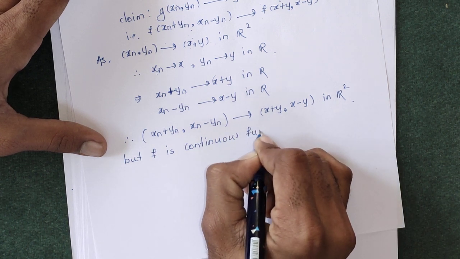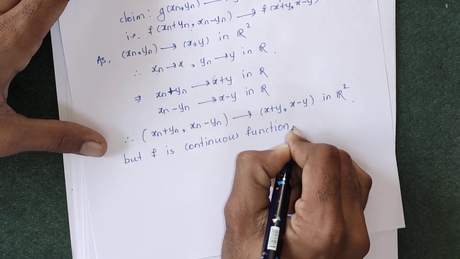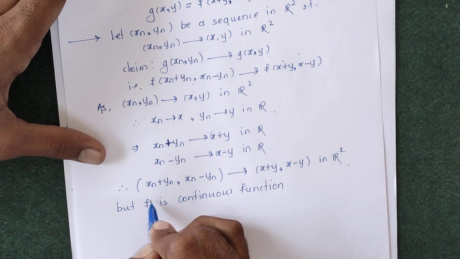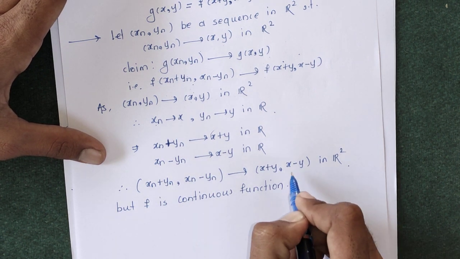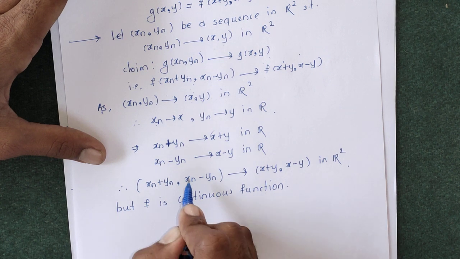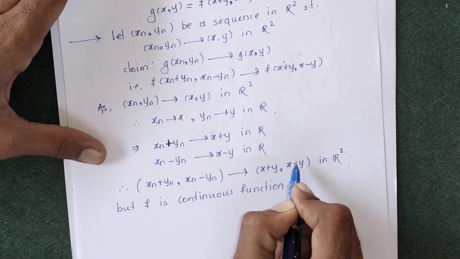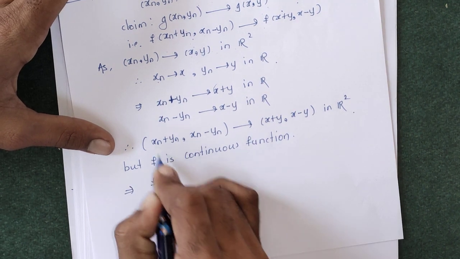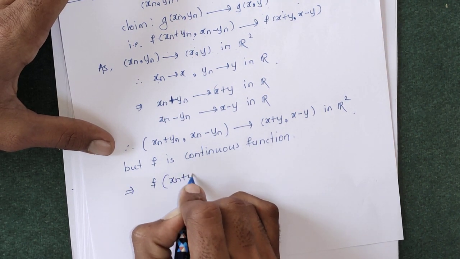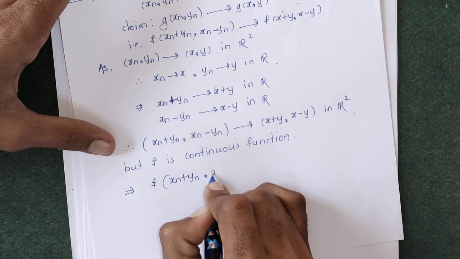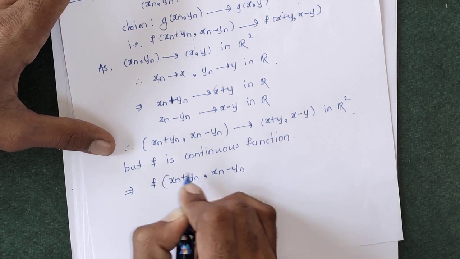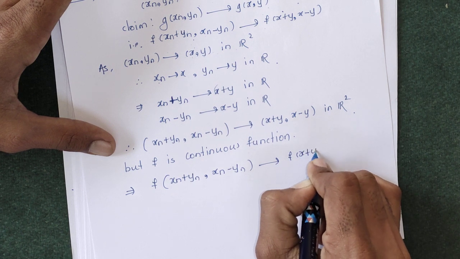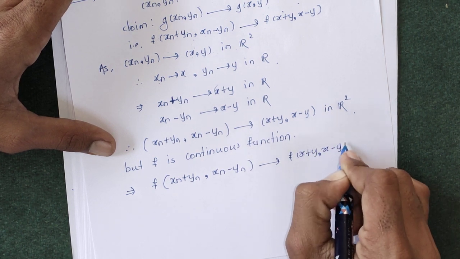Now f is continuous means that if we take a sequence in the domain of f which converges to some element, then the image of that sequence must converge to the image of that element. So f of (xn plus yn, xn minus yn) converges to f of (x plus y, x minus y).